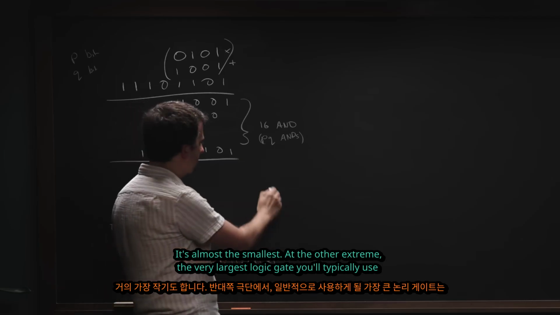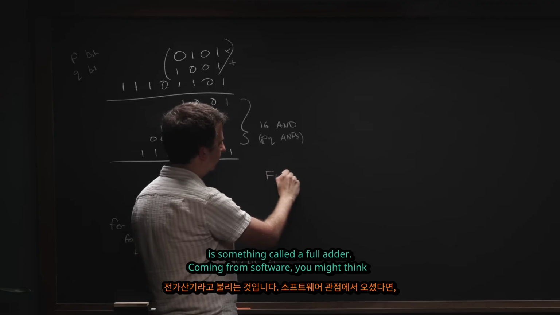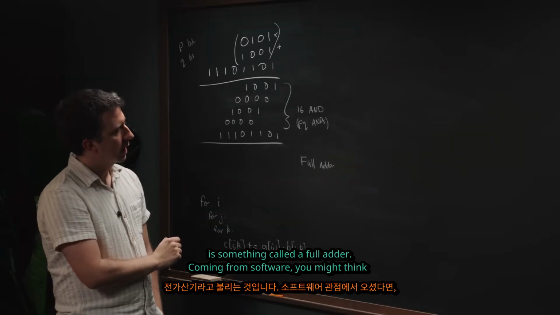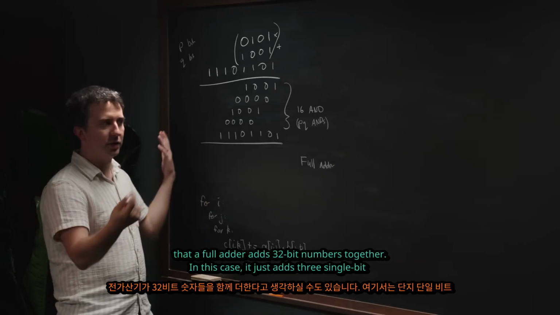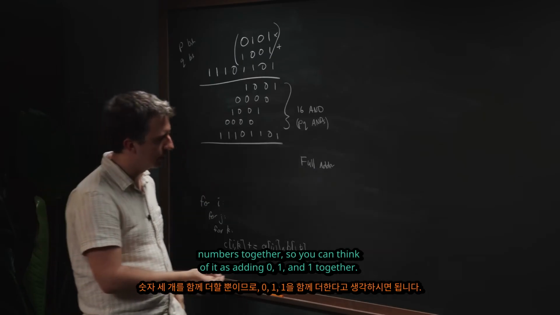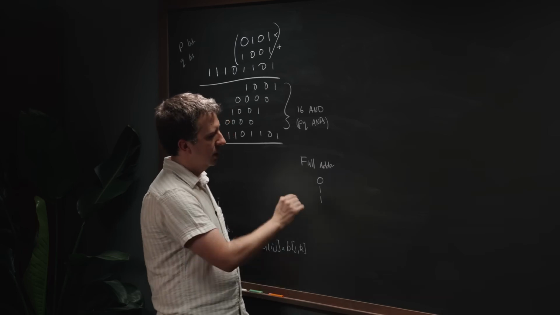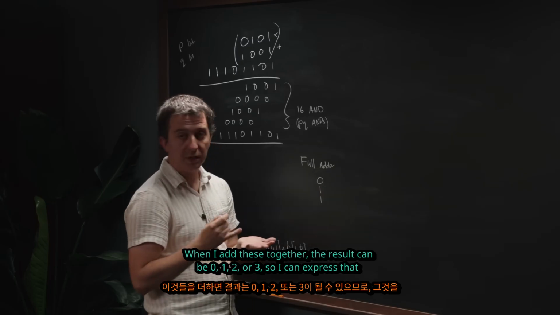At the other extreme, typically the very largest logic gate that you'll use is something called a full adder. Coming from software, you might think that a full adder adds 32-bit numbers together. In this case, it just adds 3 single-bit numbers together. So you can think of it as adding 0, 1, and 1 together. When I add these together, the result can be 0, 1, 2, or 3.